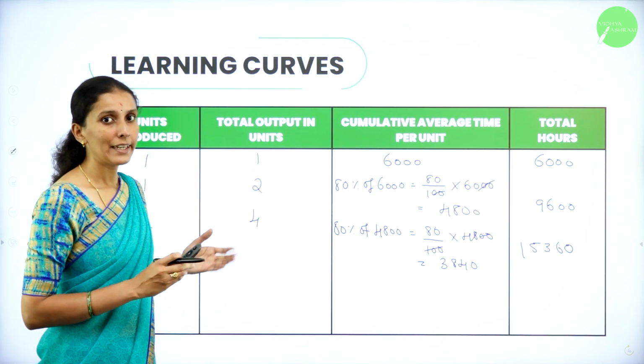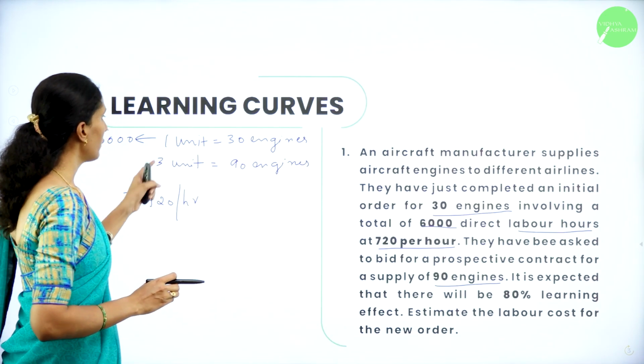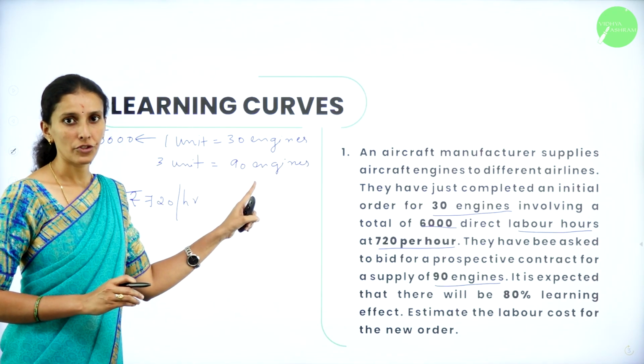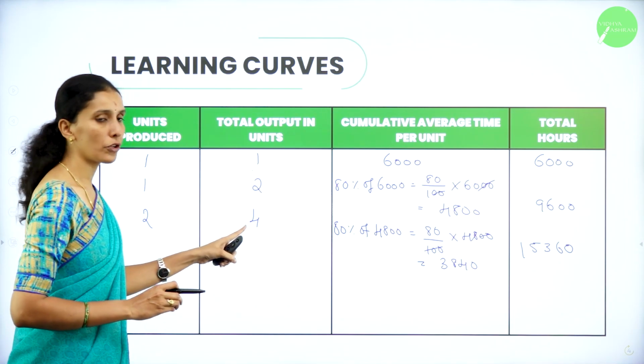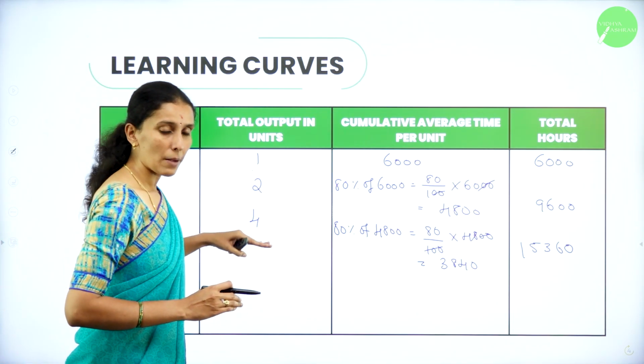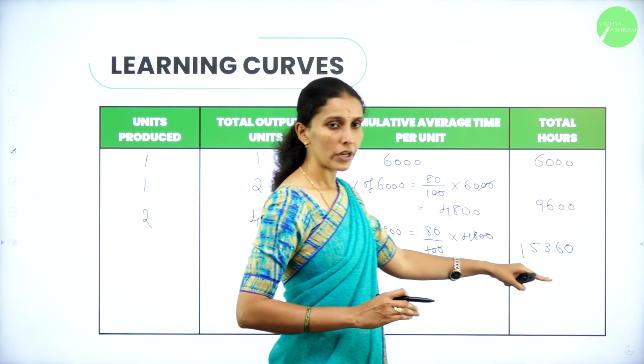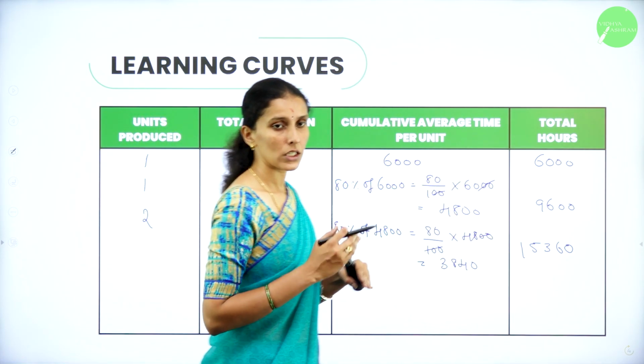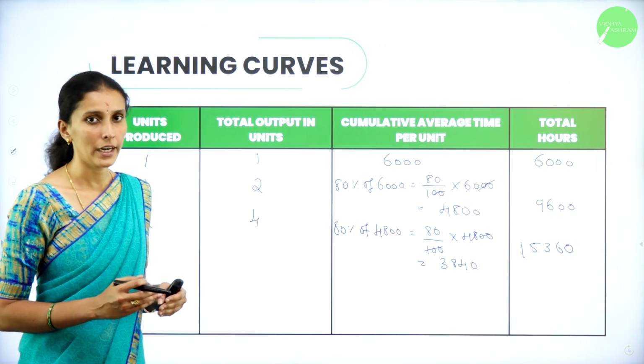So to get 3, that is, we have to produce 3 units of engines, but we have calculated for 4 units of engines. To find 3 units of engines, what will we do? We'll subtract the labor hours of the first engine from the 4. That is 4 minus 1, you will get 3.